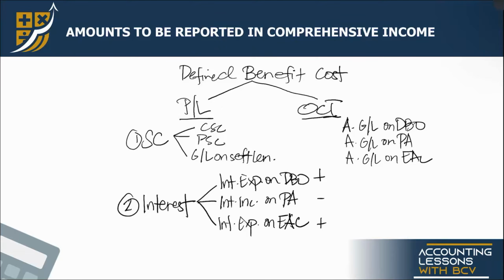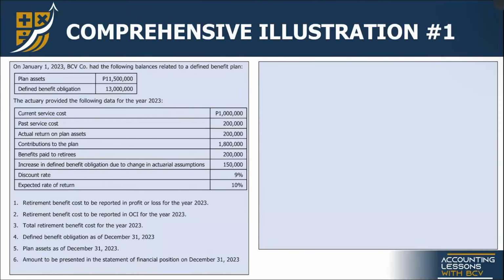Okay? So now, let's reinforce all the concepts from first part until the last. Illustration number 1 tayo. On January 1, 2023, BCV Company had the following balances related to a defined benefit plan. Ayan, existing na both si plan assets at defined benefit obligation.